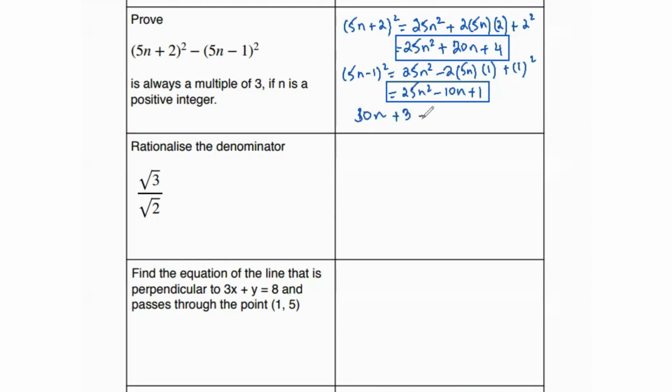So if we factorize this, that's going to be 3(10n + 1). Since it's being multiplied by 3, that means yes, the result will always be a multiple of 3.